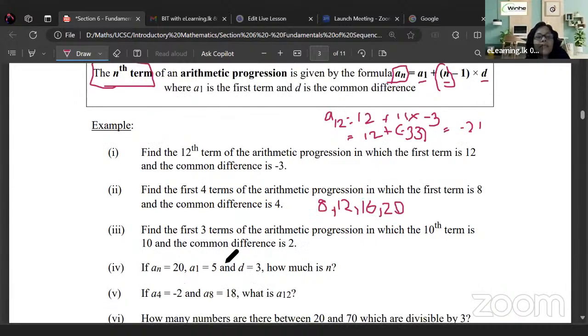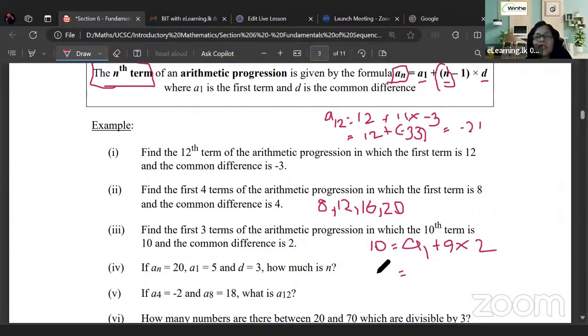Third one: find the first 3 terms of the arithmetic progression in which the 10th term is 10 and the common difference is 2. Now you know the 10th term. Instead of an, you can put 10. You don't know A1. N minus 1 is 10 minus 1, which is 9. Common difference is 2.